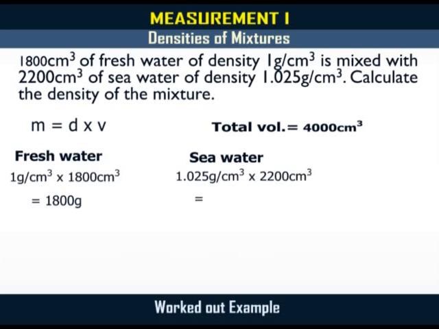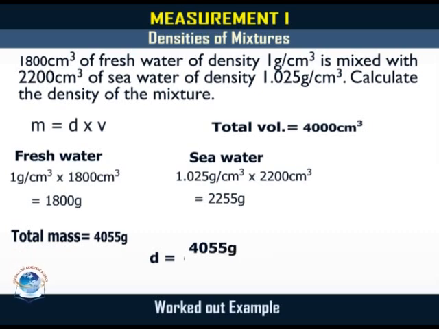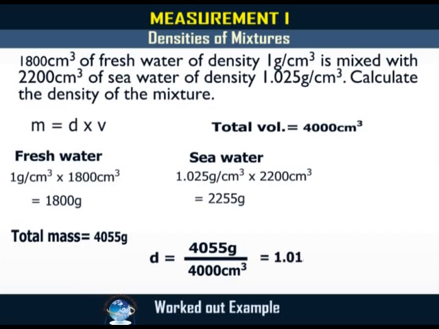That gives us 2,255 grams. The total mass will be equal to 4,055 grams. Overall density is equal to 4,055 grams over 4,000 cubic centimeters. That gives us 1.01375 grams per cubic centimeter.